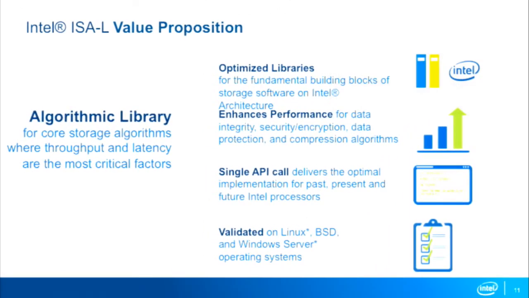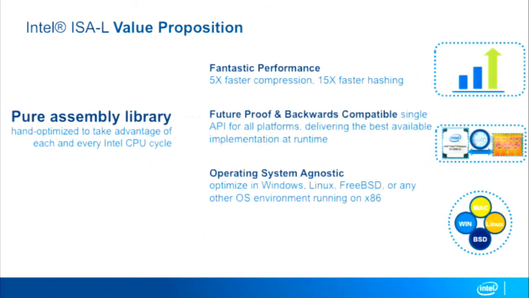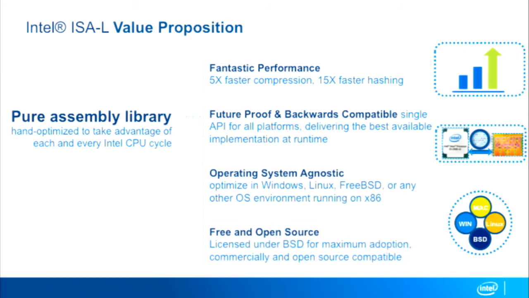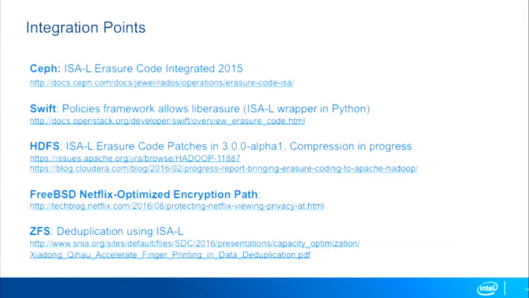It's ported to lots of different operating systems: BSD, Linux, Windows. It's a collection of low-level libraries that are all software with lots of hand-coded assembly. And Ceph is one place where it's been integrated directly, along with HDFS and Swift and lots of other places I mentioned yesterday.